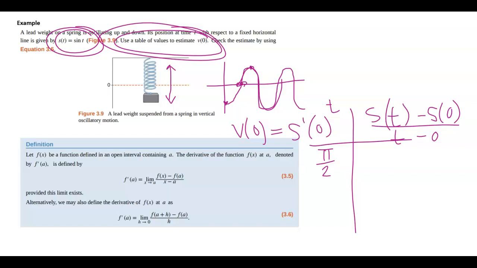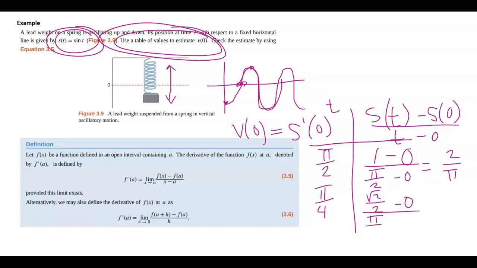All right, so sine of pi over 2 is 1, minus sine of 0, which is 0, all over pi over 2. That's going to give me the reciprocal, 2 over pi. All right, let's do pi over 4. Well, the sine of pi over 4 is root 2 over 2, minus 0, over pi over 4 minus 0.